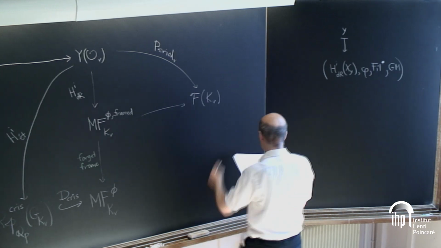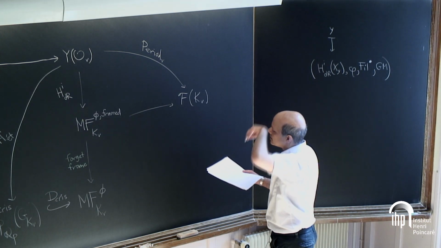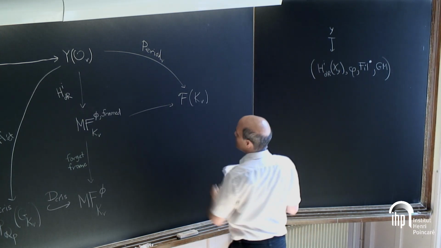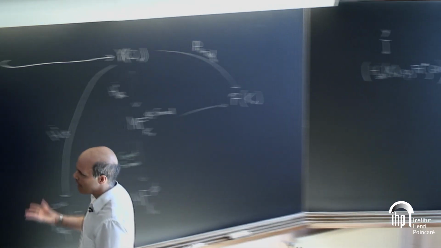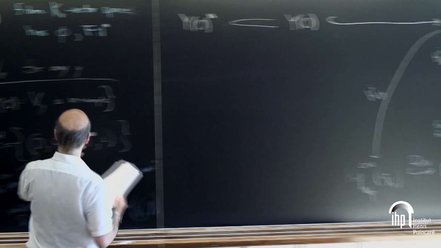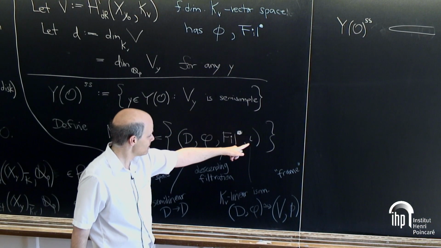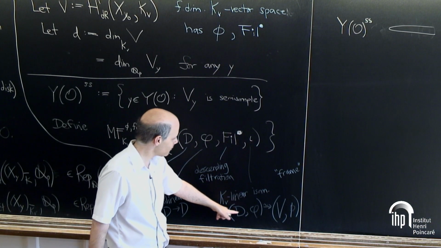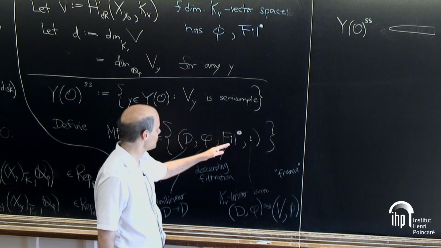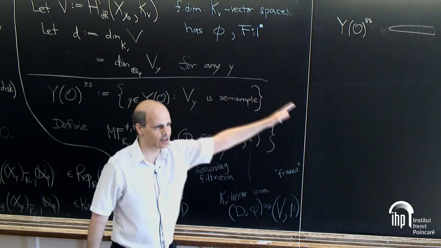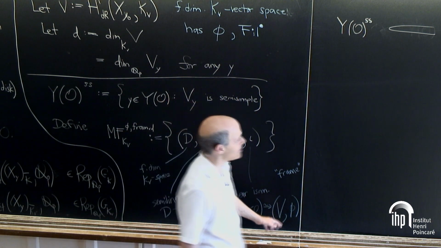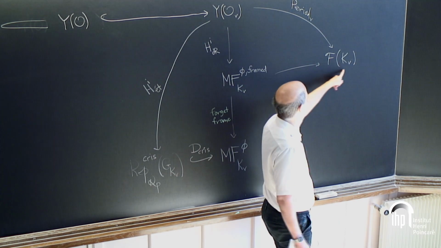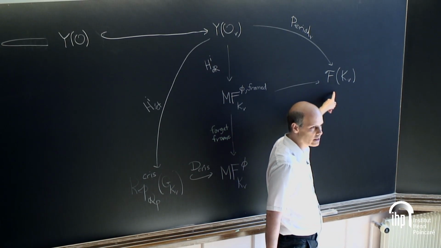Now, what's this map? What do you have here? You have a filtration on D, and you have an isomorphism that lets you go from D to V. So you just take that filtration and transport it via iota to get a filtration on V, and that gives you an element of this. That filtration on V is a point in here.